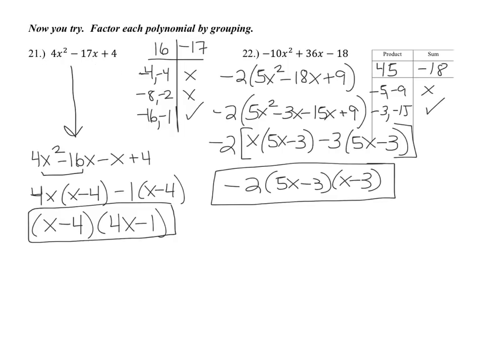The only time you want to pull out a 1 is when you're grouping, right? The reason is because I need to have that other factor. You have to have the 1 here in order to get this other factor, okay? So when you're grouping, you should always have a number in front of your parentheses, and then these two sets of parentheses will be the same, all right?